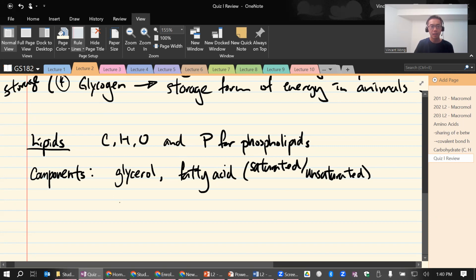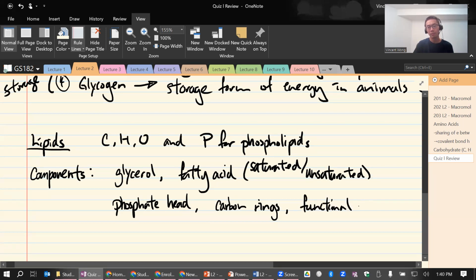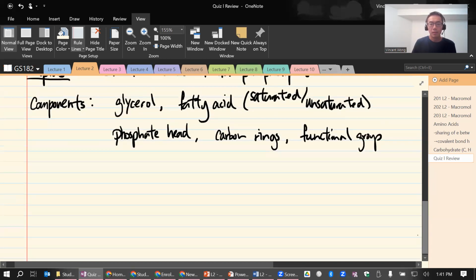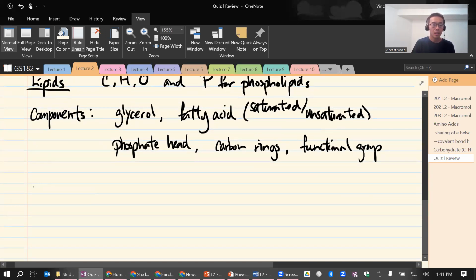If you forgot what that means, I'll explain in a second. You have a phosphate group, phosphate head, and carbon rings. Carbon rings, right? And then sometimes you can have functional group as well, depending what you're building, right? So, triglyceride.